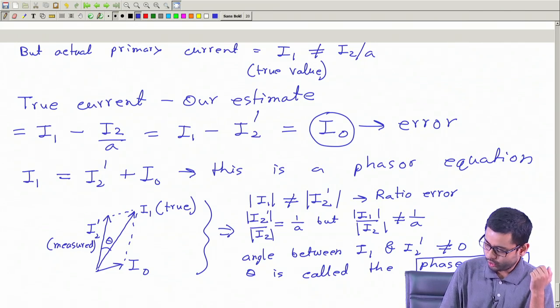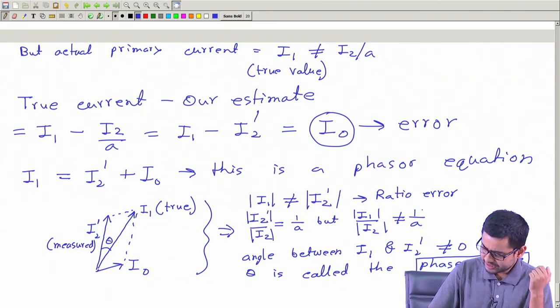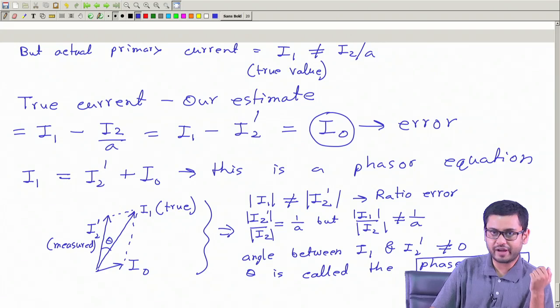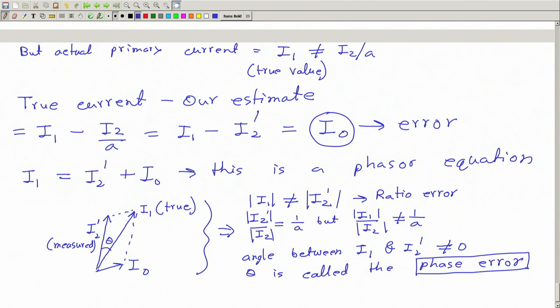We are estimating this unknown primary current using the rated value of A, by dividing I2 with this value A. That's how we do it. But this is not the correct factor with which we should divide the secondary current to get the primary current. So this is not the right ratio between primary and secondary. That's why this is called the ratio error.